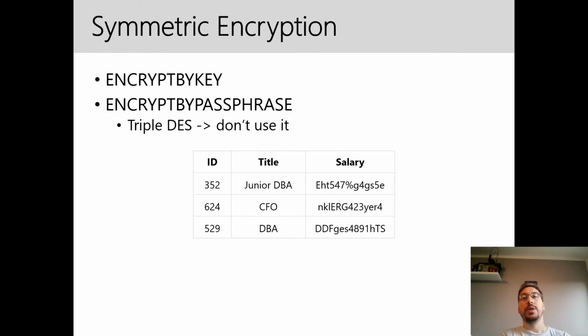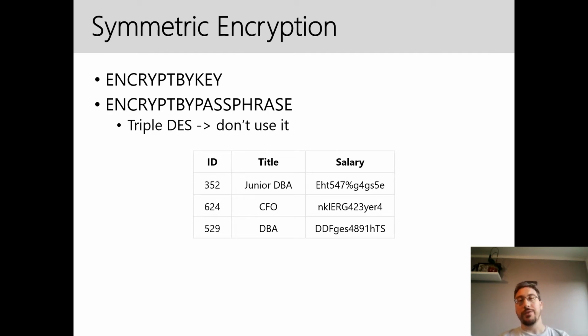Now, how would we be able to break this, right? If we would get access to this table, we could update the salary of my junior DBA with the value from the DBA. So we would put the value of the DBA salary, the DDF, GES, etc., into the junior DBA's salary.